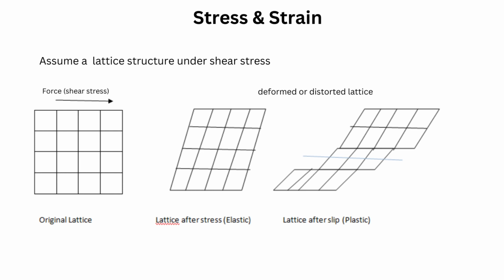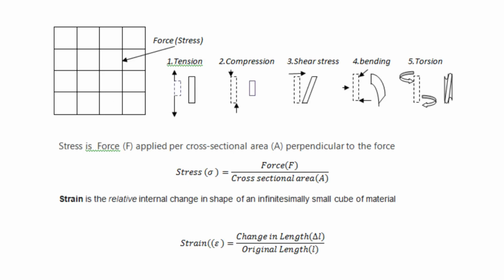Now, the stronger the material, the greater the load it can withstand. This property of a material therefore determines the ability to withstand stress without failure. Let us look at more kinds of stress: tension, compression, shear stress, bending stress, torsion stress.